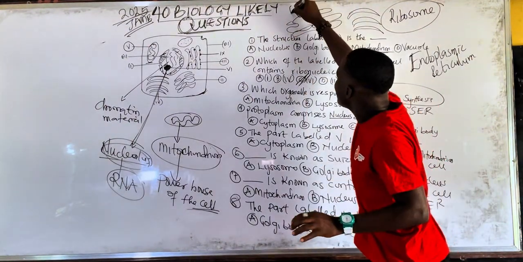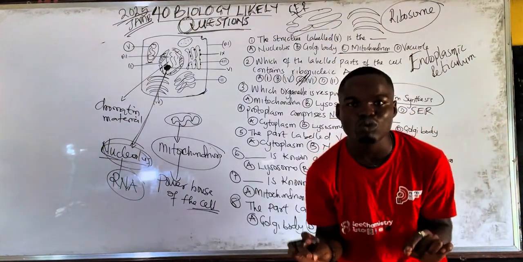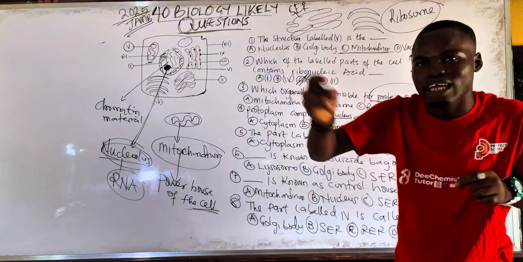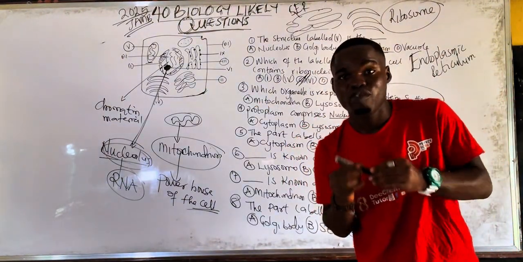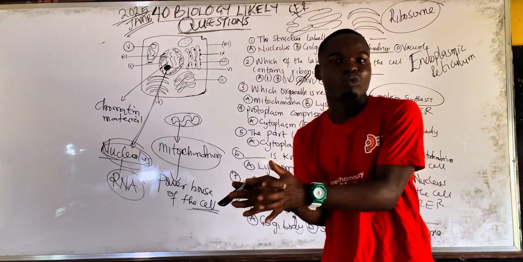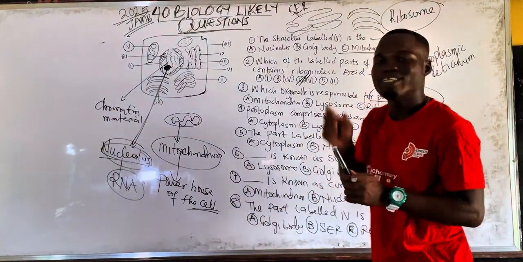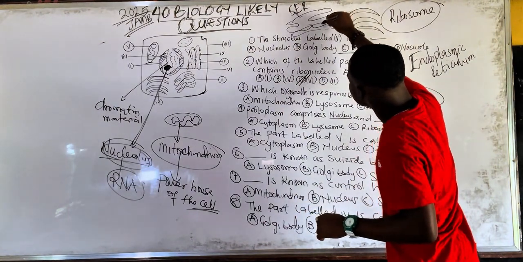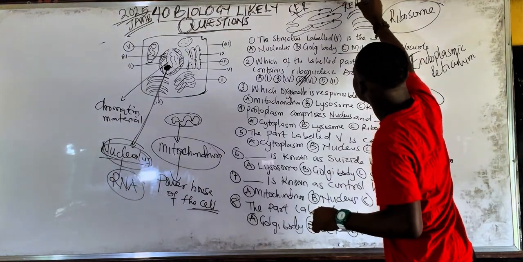Now, this one is seen without encrusted ribosome. This is called smooth endoplasmic reticulum. Okay. Now, if it has encrusted ribosome on it, because there are two types of ribosome: the free ribosome and the bound ribosome. Okay. So when it is bound to an endoplasmic reticulum, because of the encrusted ribosome on it, we call that one rough endoplasmic reticulum.